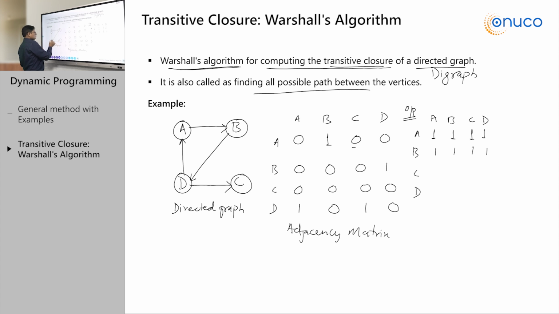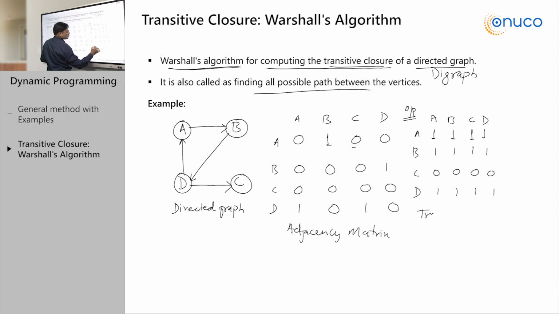C, since we are having only in-degree, right? Edge is terminating at C, there is no outgoing edge from C, hence C to all the vertices remains 0. D to A, there is a path. D to B via A, there is a path. D to C is 1. D to D, since it is cyclic, D to A to B and B to D is 1.